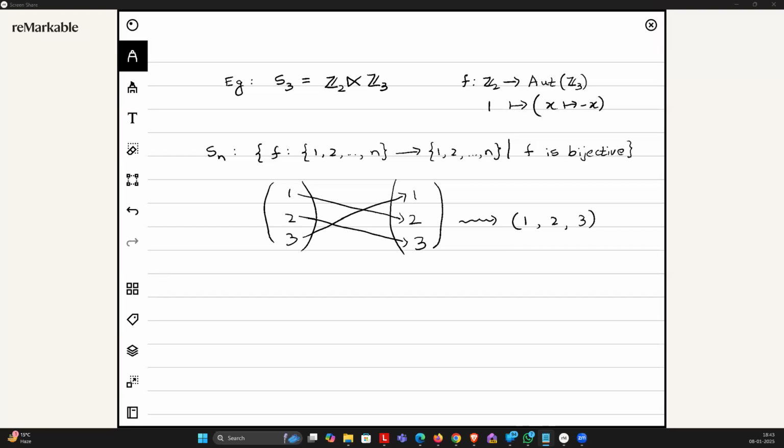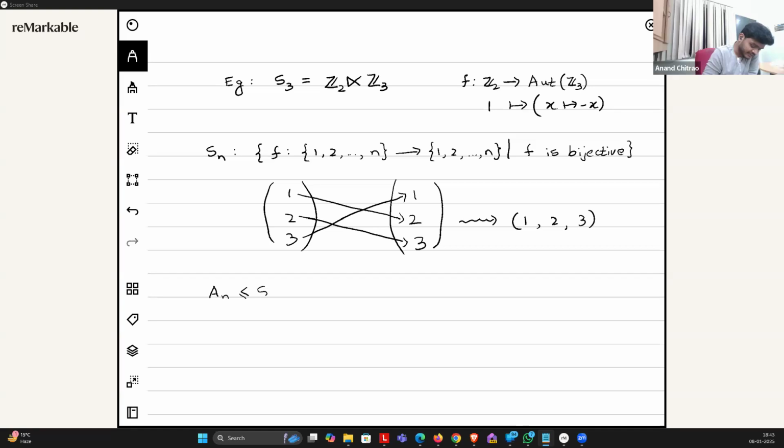Now, what are some of the subgroups of Sn? An, the alternating group. So what is An? All the even permutations.